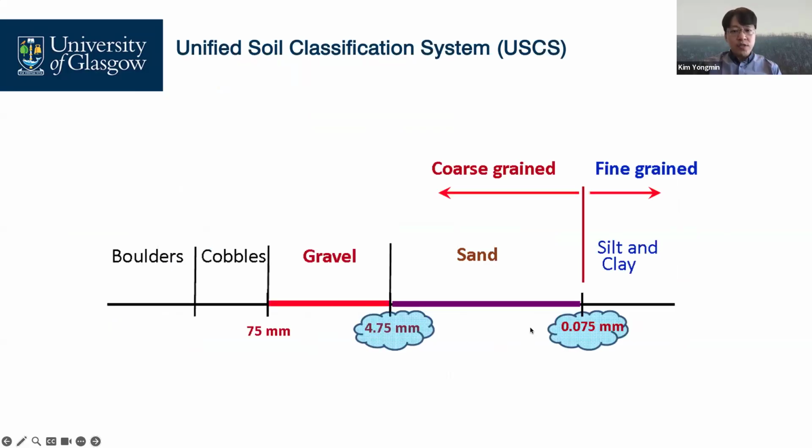So according to USCS, we have fine grain and coarse grain soil particles according to specific sizes: 0.075 mm, 4.75 mm, and 75 mm.